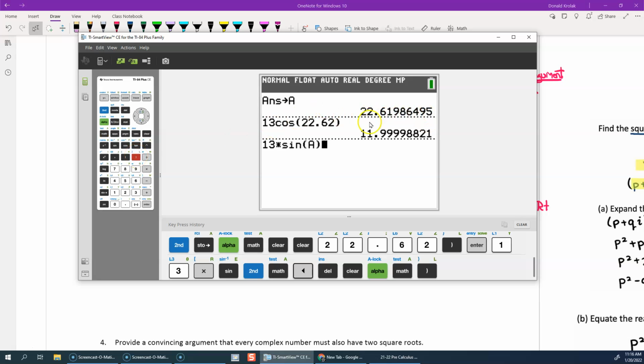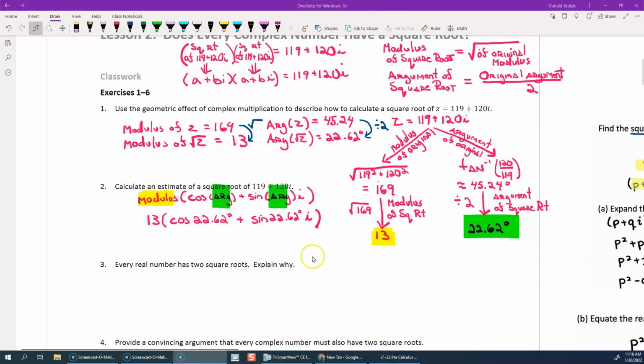This 22.62, and I get 5. So when I multiplied this, I got 12. And when I multiplied that, I got 5i. So that's one square root. Now we know when we do square roots, they're opposite of each other.